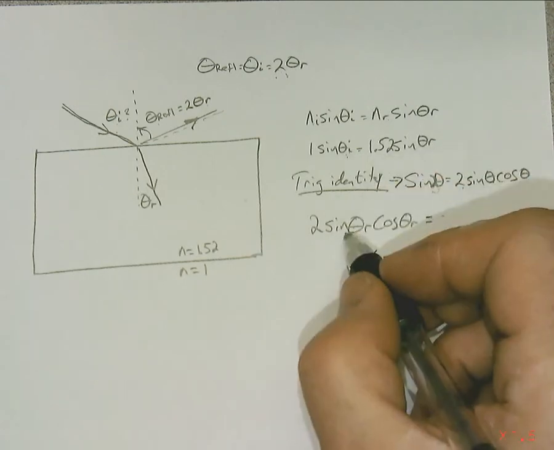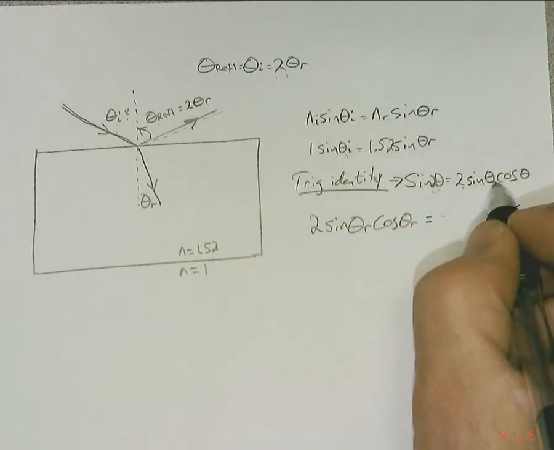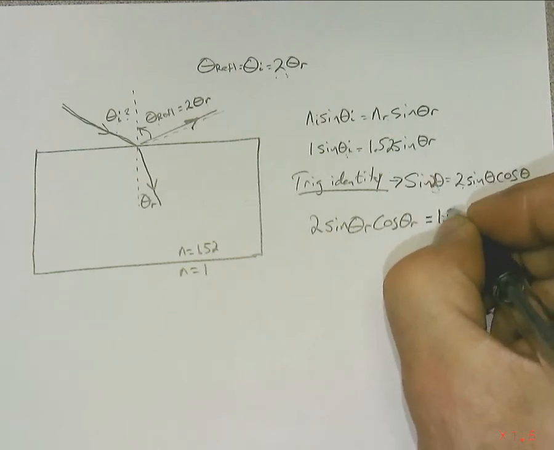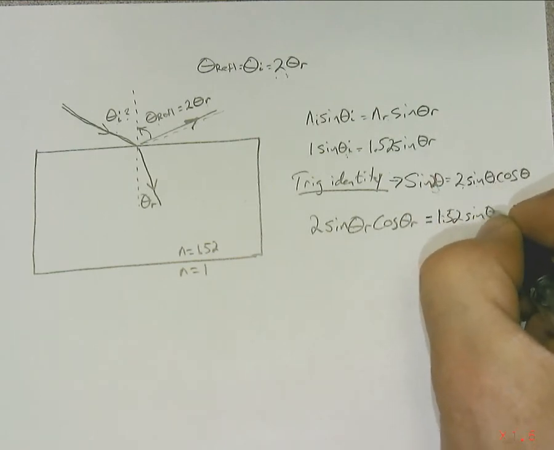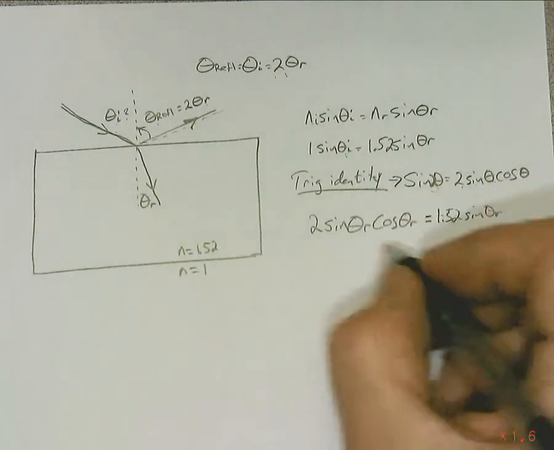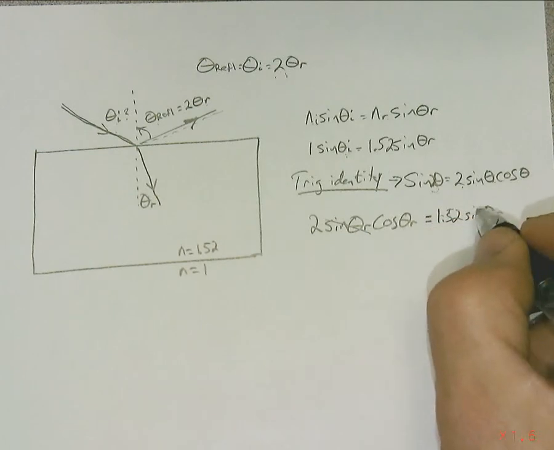So 2 sine theta refracted cosine of theta refracted is 1.52 sine of theta refracted. Now if you're still following this, sine of theta refracted cancels out with that one.